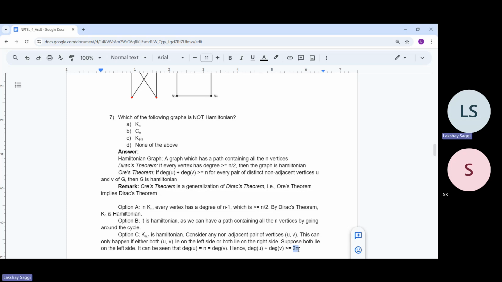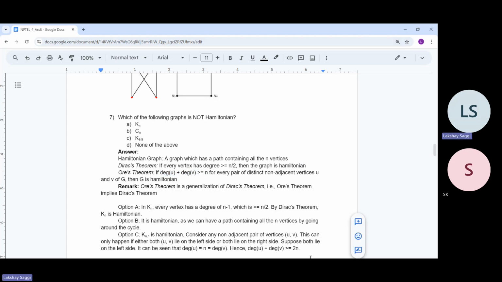But I just want to point out one specific thing here: in this theorem, n means a graph on n vertices. There are n vertices in the graph. Whereas in this graph Kn,n, we have n vertices on the left side and n vertices on the right side. This theorem says the degree of u plus degree of v should be greater than or equal to the number of vertices in the graph.